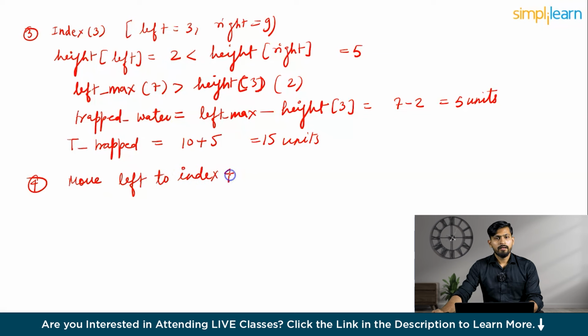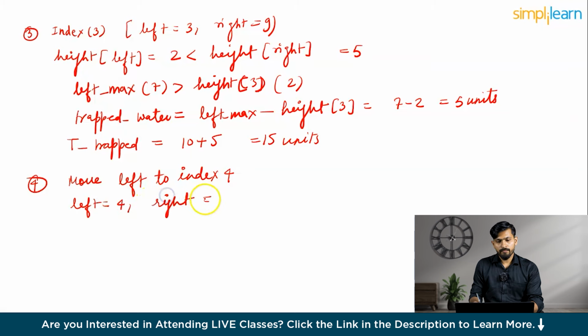Pretty fine. Now at this step, we calculate the same stuff. Here our left would be 4, and right would be 9. So we are going to calculate height of left, which is equal to 5, and it is greater than height of right.